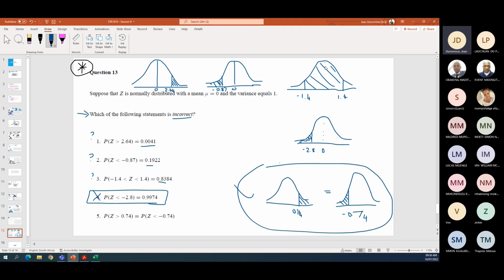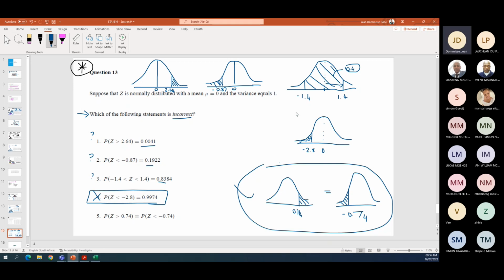That is more out of experience than anything else. I know that if you go up to around 1.4, 1.5, you sit here with around 0.4.